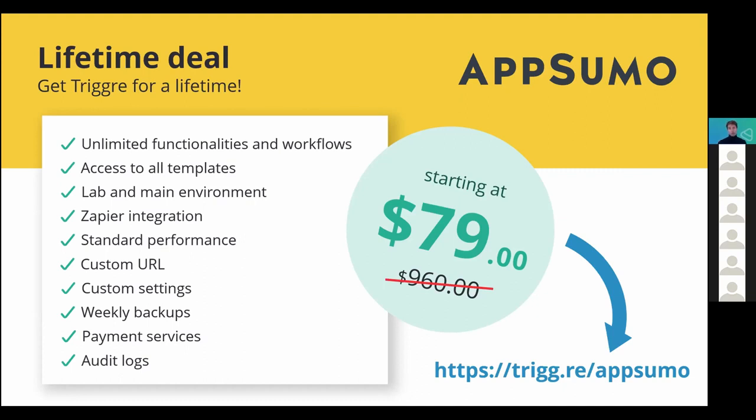So in our partner program, if you want to become a partner, we have different styles, but in the application, there is actually learning material built in. We also have a knowledge base with a lot of articles, tips and tricks. We have YouTube videos on our YouTube channel. So there's a lot of training material out there. And I know that some other people, separate from ourselves, are actually building training material for Triggre.